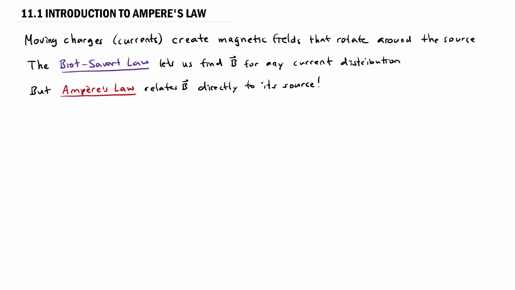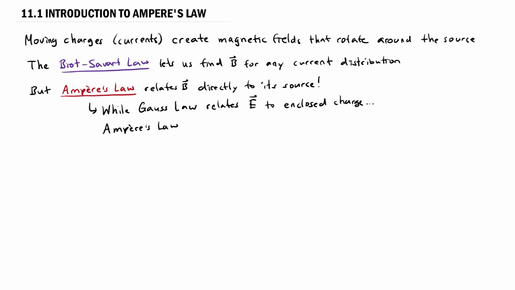So how does it do this? First, let's go back to Gauss' law. I'm just going to use Gauss' law as an analogy because the two laws are quite similar in the way they approach things. While Gauss' law relates the electric field, E, to the enclosed charge, Ampere's law relates the magnetic field B to not an enclosed charge, but an enclosed current.